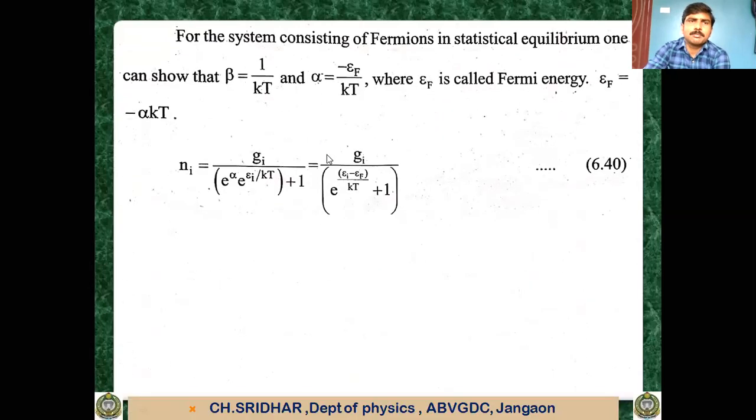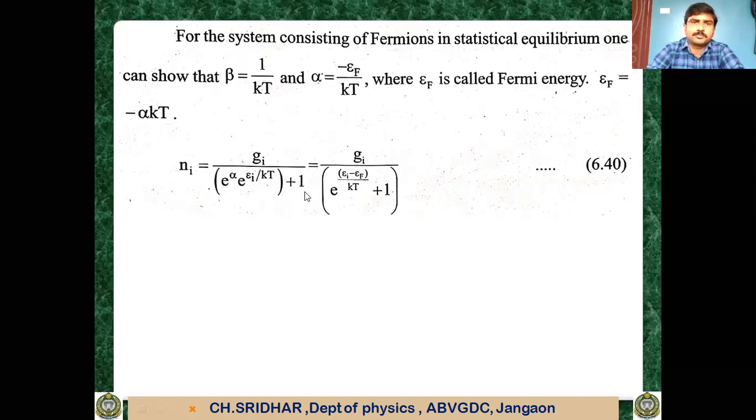Here we can summarize. We can write the equation in terms of temperature for the system consisting of fermions in statistical equilibrium. One can show that beta is equal to 1 by kT and alpha is equal to minus EF by kT, where EF is called the Fermi energy.